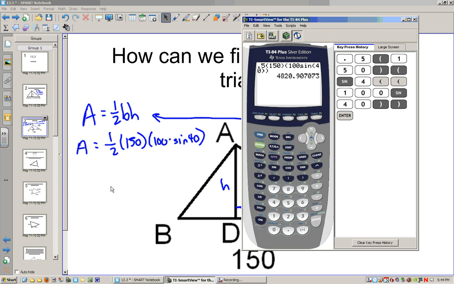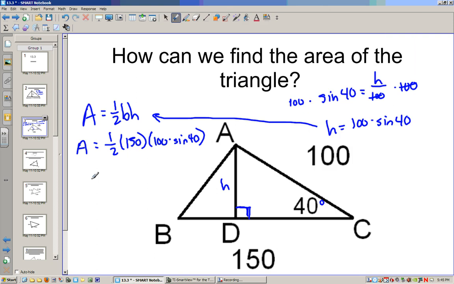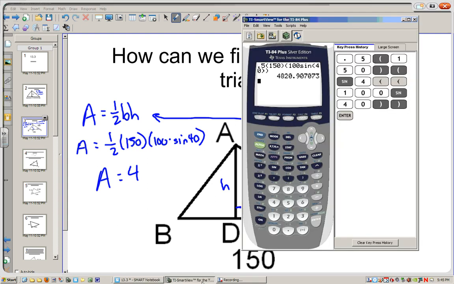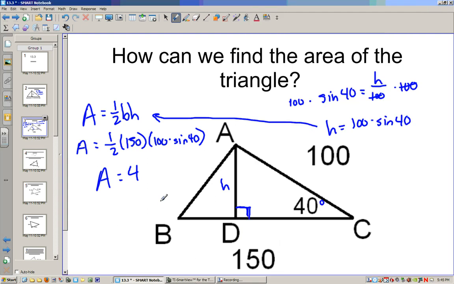And we get the area of this triangle to be 4,820.9. So I'll write this in here. Our area is 4,820.9 units squared.